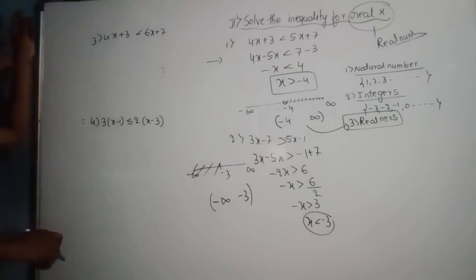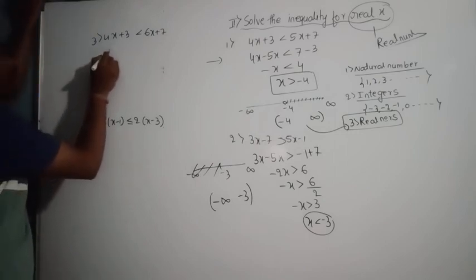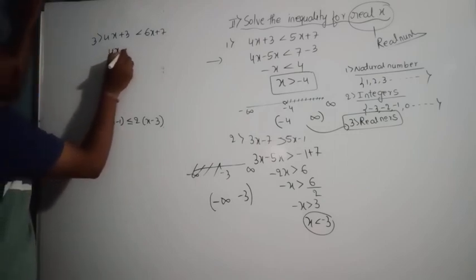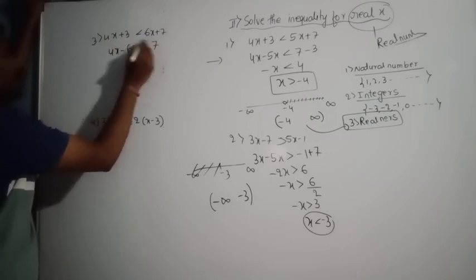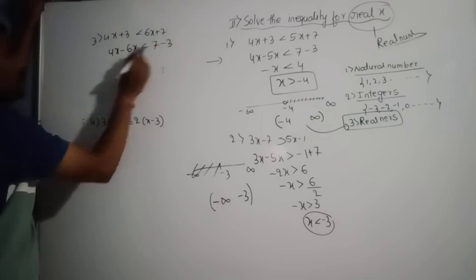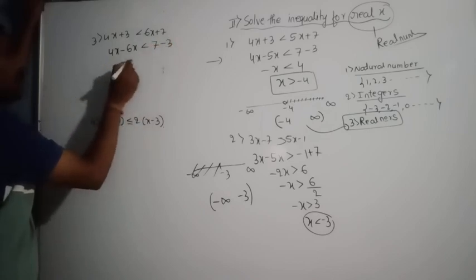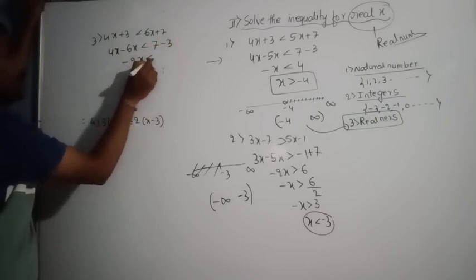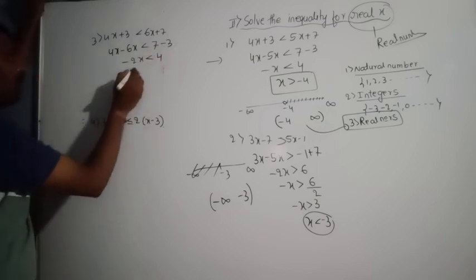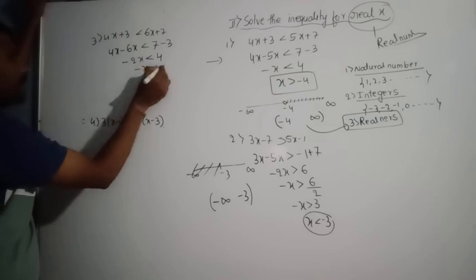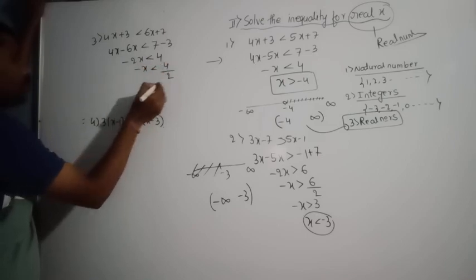Look here. 4x minus 6x is less than 7 minus 3. Minus 2x is less than 4. Minus x is less than 4 by 2, minus x is less than 2.